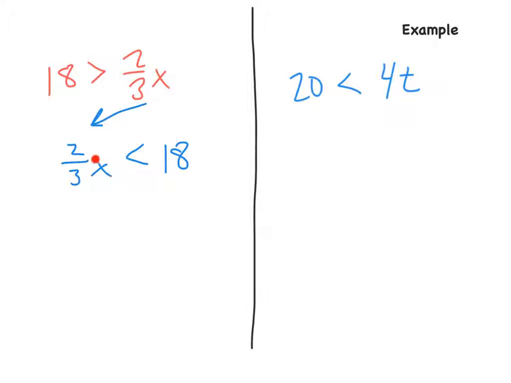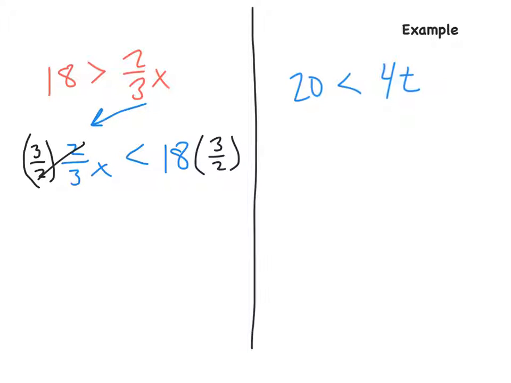So to get x by itself, remember, we have to do the multiplicative identity, or we have to multiply by the reciprocal of 2/3. So what's the reciprocal of 2/3? That is 3 over 2. So if you multiply 3 over 2 on the left, multiply 3 over 2 on the right.